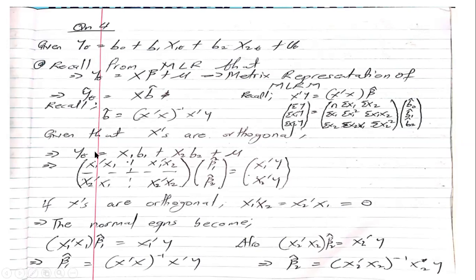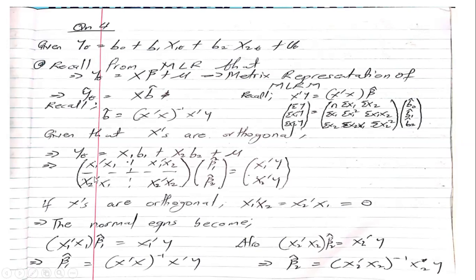Okay, so now let's work. Given that the x's are orthogonal, from the model that they give us, it means that they are uncorrelated. So x1 can stand alone and x2 can stand alone. So our X prime X matrix will be in this form. Because of the orthogonality, it wouldn't look like this, it will look like this. So this will be our X prime X matrix. Because of the orthogonality, you have x1 prime x1 for row 1, and x1 prime x2.